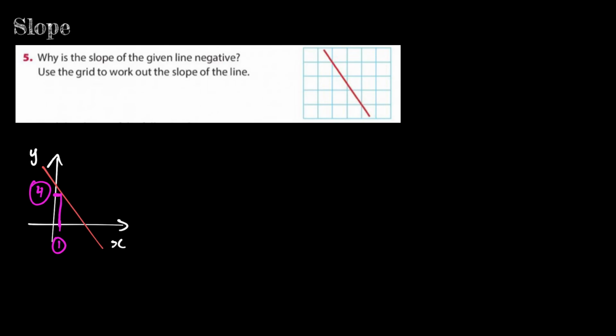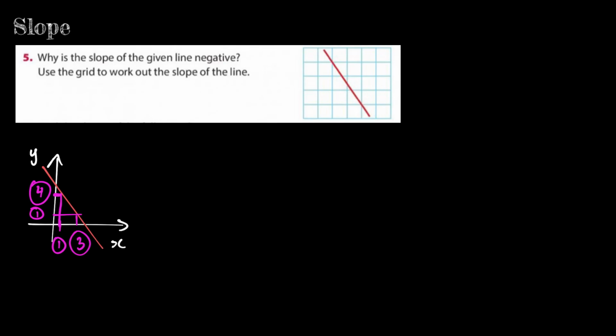We need to see what happens as the x values get bigger. So we start off with an x value of 1. Let's go on to an x value here of 3. That'll map onto a y value here, and we'll just call that y value 1. We're just putting in estimates here.